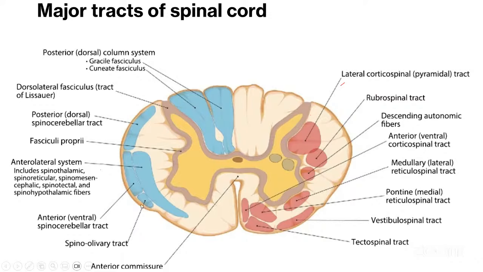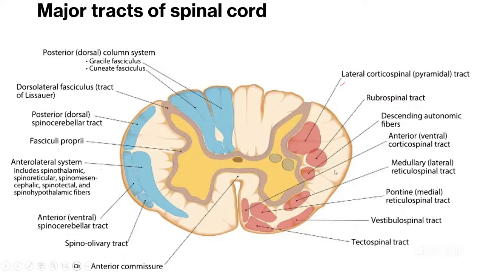Below it, the spino-olivary tract is there. And here we have the anterolateral part, which includes spinothalamic, spinoreticular, spinomesencephalic, spinotectal, and spinohypothalamic fibers. These are ascending fibers. Among the descending fibers, the main tract is the lateral corticospinal tract, and this is the anterior corticospinal tract.